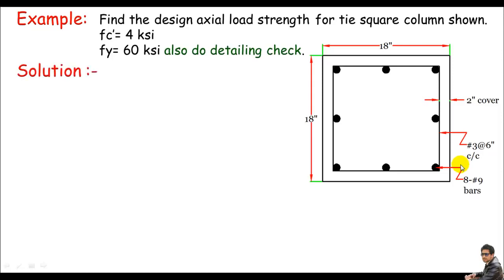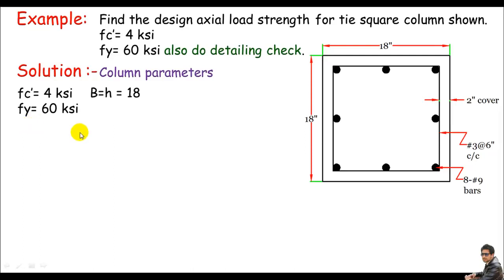In the solutions, the column parameters are f'c prime, Fy, and b equals h, because this is a square, which is 18 inches. And Ast, what do you think about Ast? Area of steel. Just look over here. We have 8 bars, which are number 9 bars.